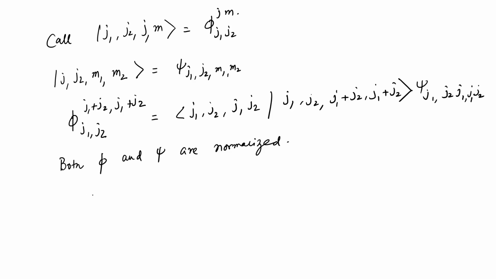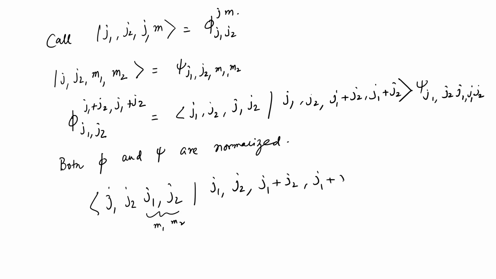These are the values for M1, M2, but for this particular state we are taking the maximal state, J1, J2, J1 plus J2 and J1 plus J2, and this is equal to 1. This is the normalization condition.